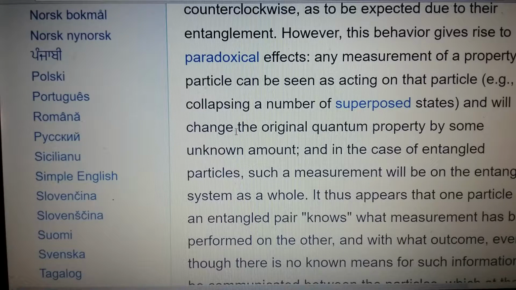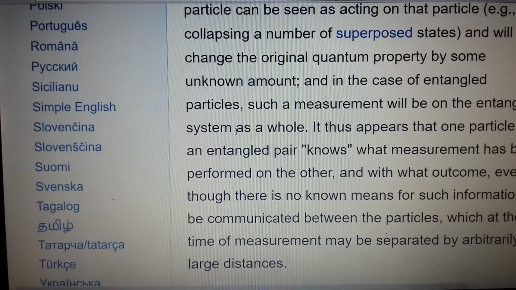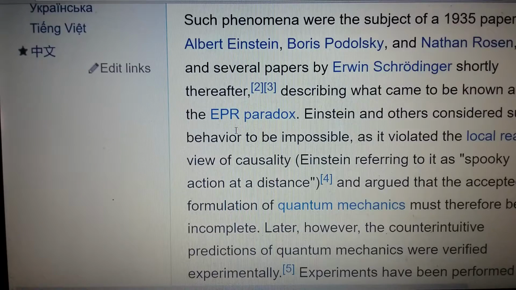It thus appears that one particle of an entangled pair knows what measurement has been performed on the other, and with what outcome, even though there is no known means for such information to be communicated between the particles, which at the time of measurement may be separated by arbitrarily large distances.